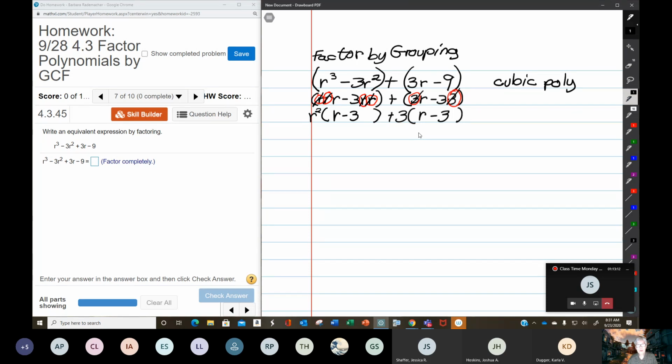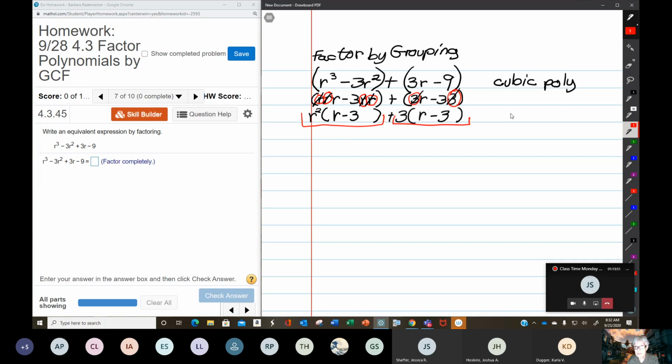I am now going to explain that this is a weird-looking polynomial in which this is the first term and this is the second term. Because r squared and r minus 3 are multiplied, 3 and r minus 3 are multiplied, and they're separated by a plus sign.